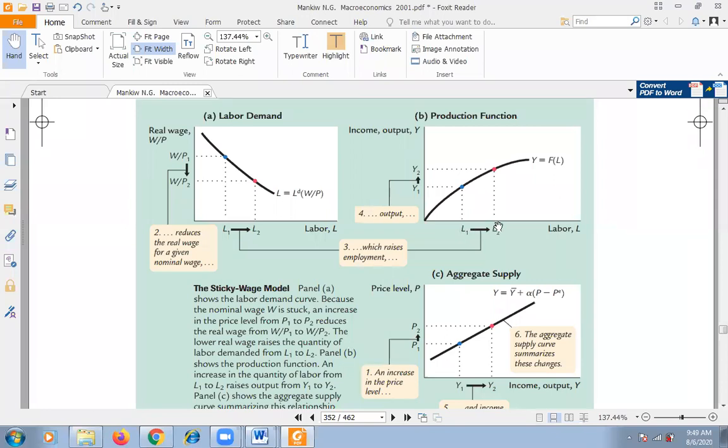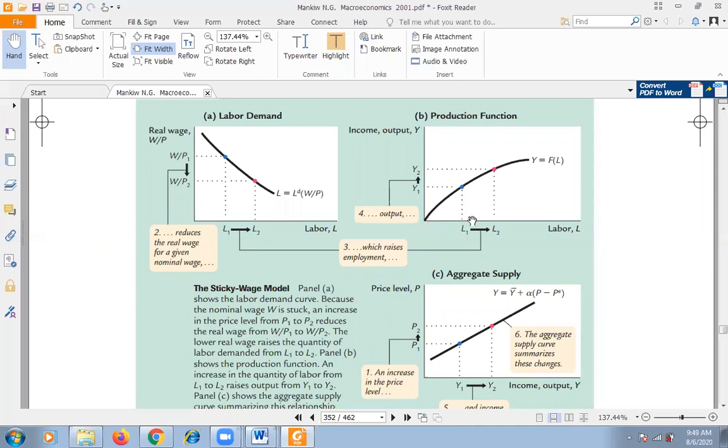When firms demand more labor, then additional labor will produce more, but at a diminishing rate. Extra labor will produce more, but with a diminishing rate. Getting the point? You know the concept of marginal product of labor. So additional labor will produce more output. So at L1, the firm produces Y1.